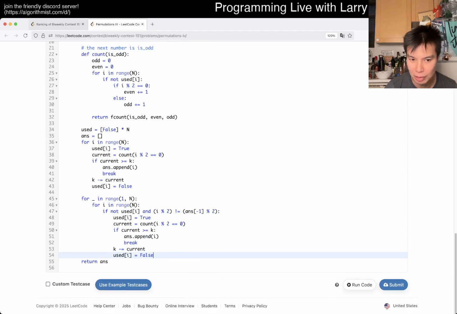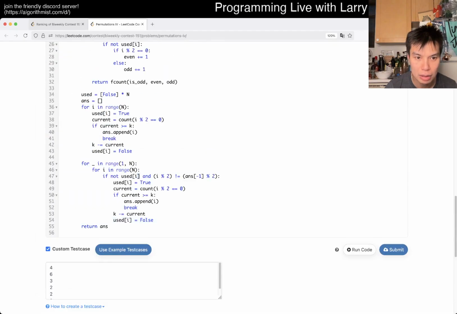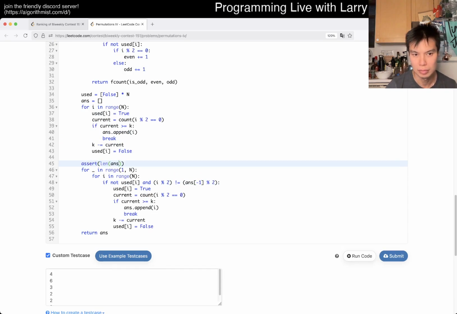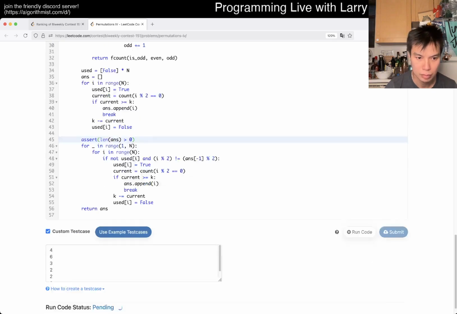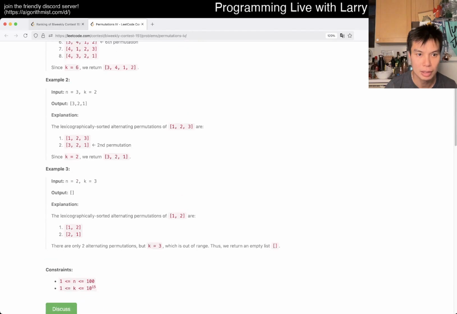I didn't handle the impossible case yet. This index out of bounds. Is it I? No. Oh, it's this thing. Maybe that's the case for the impossible case, actually.